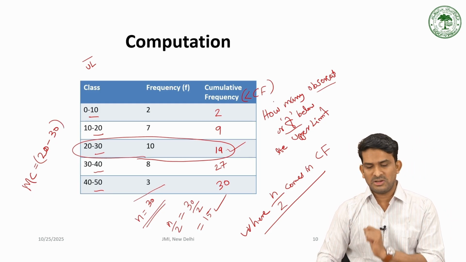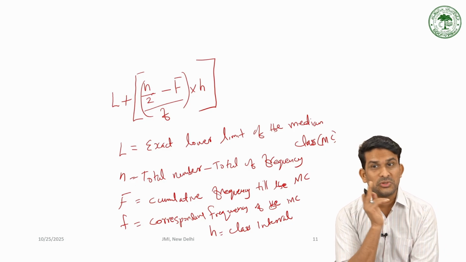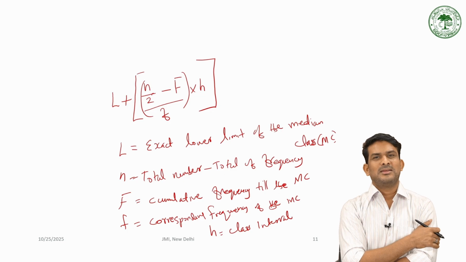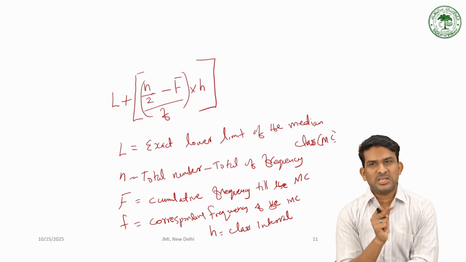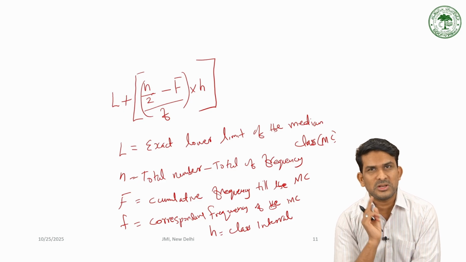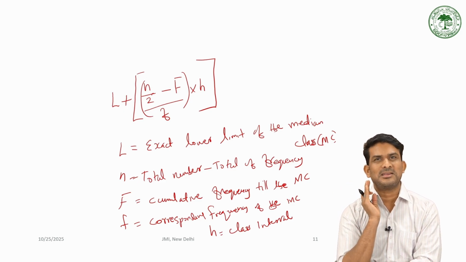Why is the median class required? See, exact lower limit of the median class. So you should identify the median class, then only you can go for the exact lower limit. F, what is F? Cumulative frequency till the median class. So to write the cumulative frequency till the median class, you need to know what is median class.